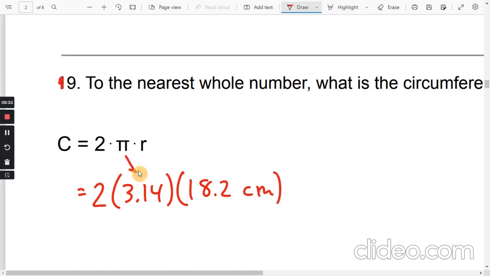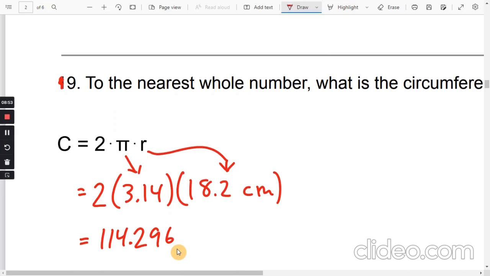All right, so this one is pi, and this one is r. So just use the calculator. 2 times 3.14 times 18.2, and I get 114.296. If you use the pi key, it's only going to be a tiny bit different.